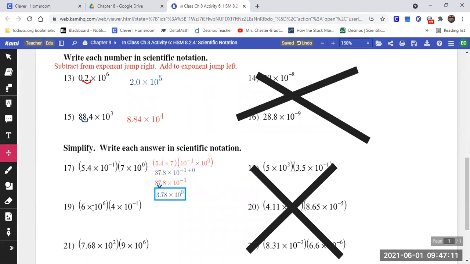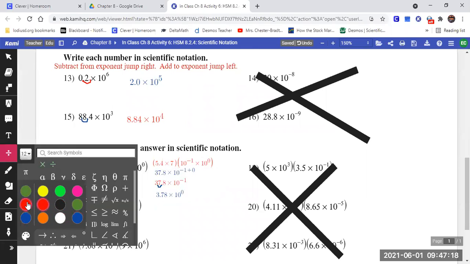Okay, we're going to go do it again. First thing we're going to do is move the numbers next to the numbers and the 10s next to the 10s.